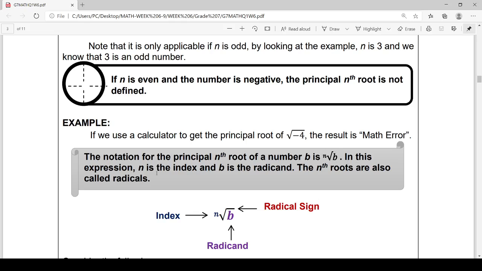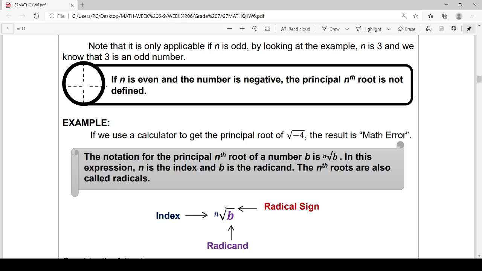In the expression, n is the index, we call this your index, and b is the radicand. Your b is called the radicand, and the nth root symbol is called the radical symbol.